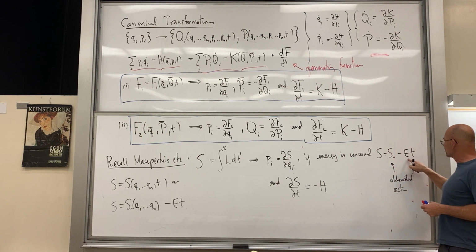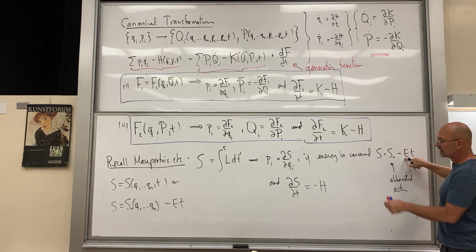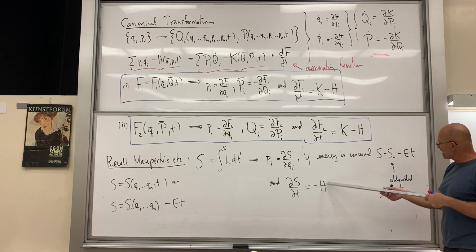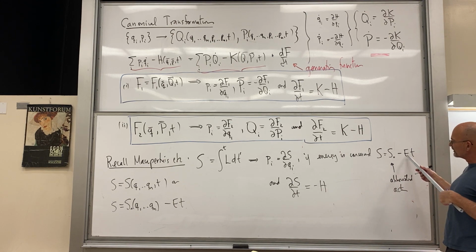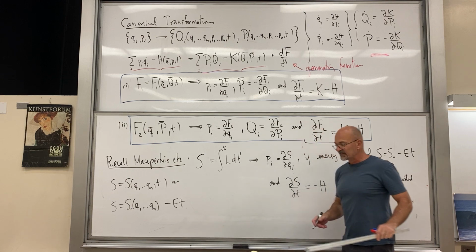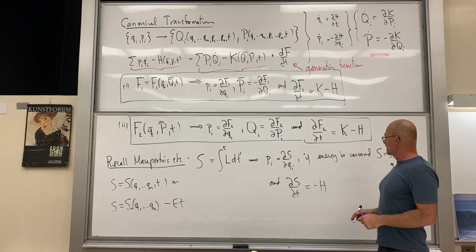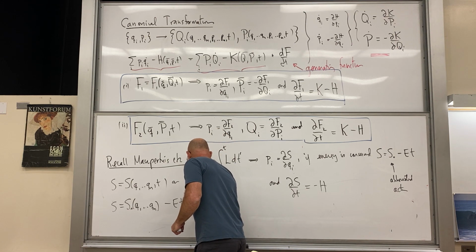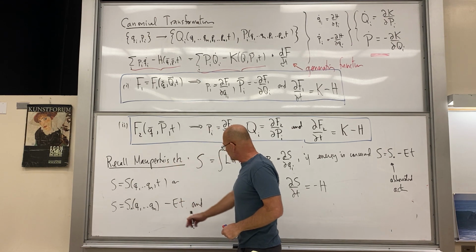If the energy is conserved, you take dS dt equals minus H, which is E, right? So minus E. So S naught of q1 to qn minus E T.